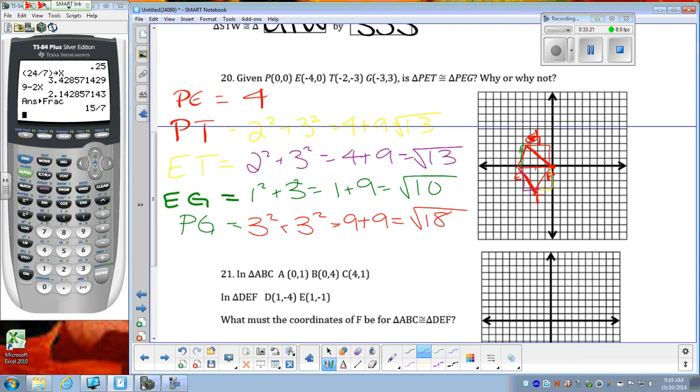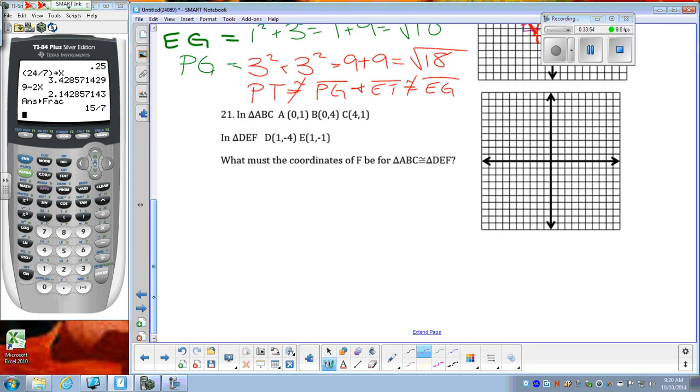I know that PE is congruent to itself. So far, I have one pair of sides congruent. I know PT and ET are both congruent, but those are both of the same triangle. And I don't know anything else that's congruent. So these would not be congruent because I only have one pair of sides congruent. Because PT is not congruent to PG, and ET is not congruent to EG.